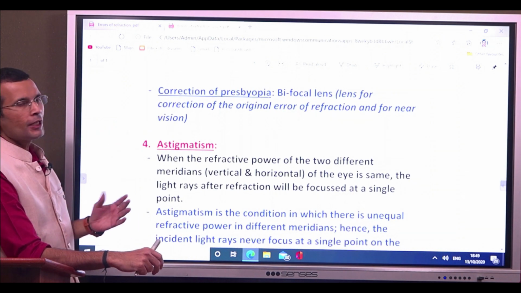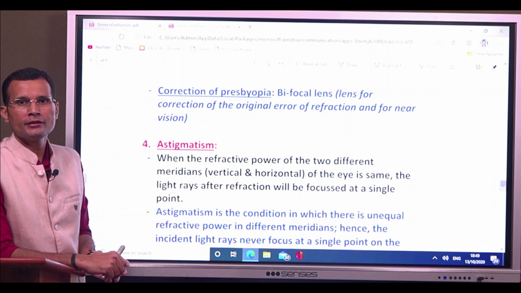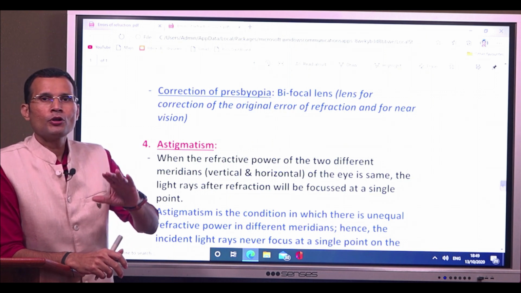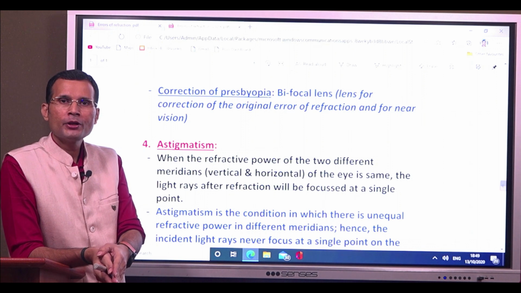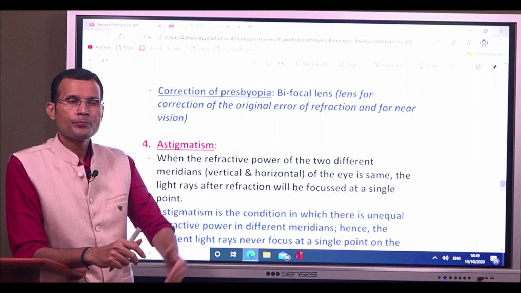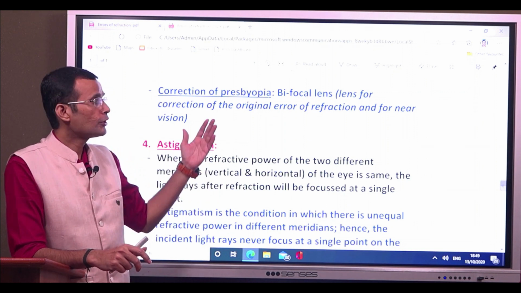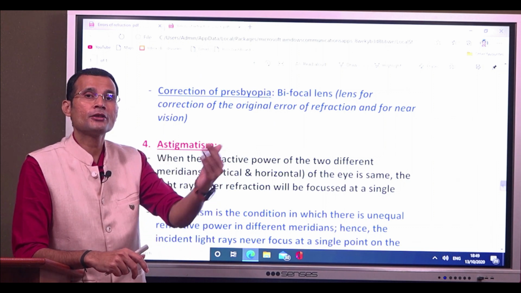Correction of presbyopia is by bifocal lens. Bifocal lens means, suppose there was myopia or hypermetropia, so correction will be required for that. And then there is presbyopia, which is now after the age of 40, the loss of power of accommodation, and the near point is going away.